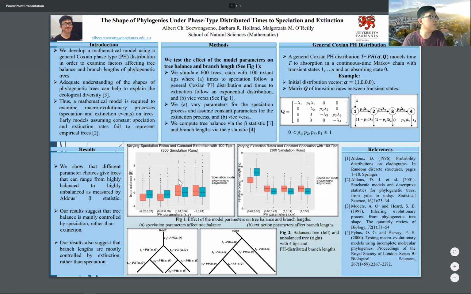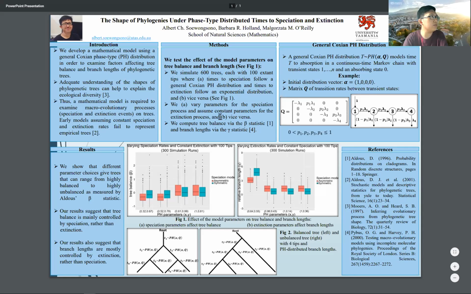To do that, we simulate, say, 600 trees, each with 100 living tips, in two simulations. In the first, your times to speciation events are drawn from a phase-type distribution with some parameter choices, while the times to extinction are drawn from an exponential distribution, and you do the reverse for the second simulation. Now the times to extinction are drawn from phase-type, but your times to speciation are drawn from exponential.